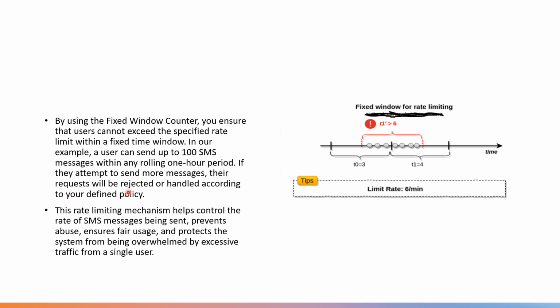If they attempt to send more messages, their request will be rejected or handled according to your defined policy. This rate limiting mechanism helps to control the rate of SMS messages being sent, prevents abuse, ensures fair usage, and protects the system from being overwhelmed by excessive traffic from a single user.